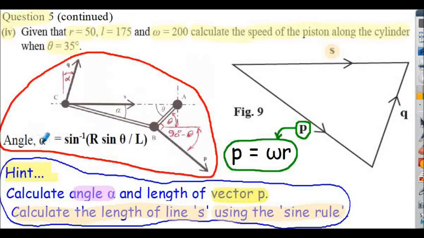Note that angle alpha is calculated from the expression we determined in part 1, and velocity vector P is calculated from the formula P is equal to omega r. In other words, the linear velocity labelled as P here is equal to the angular velocity omega multiplied by the radius or the length of the crank. The full worked solution is shown on the following slide.